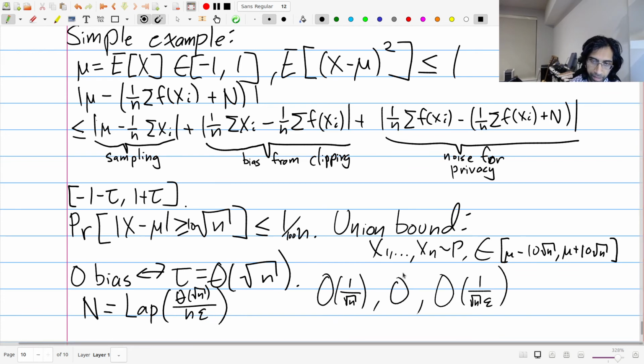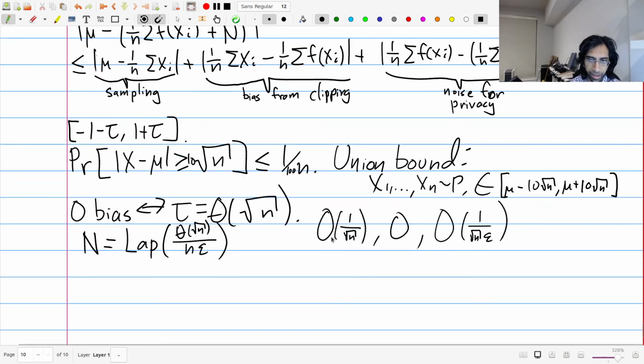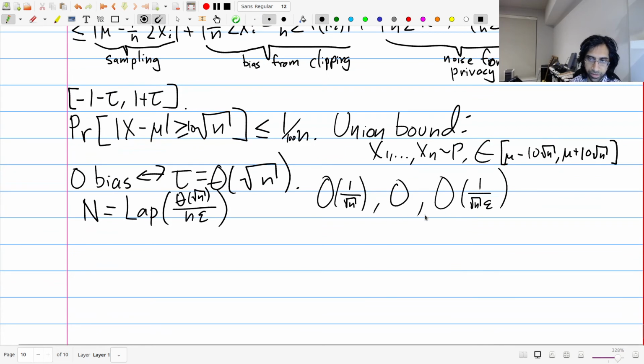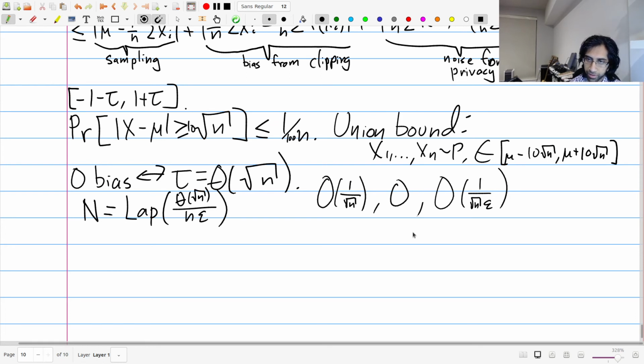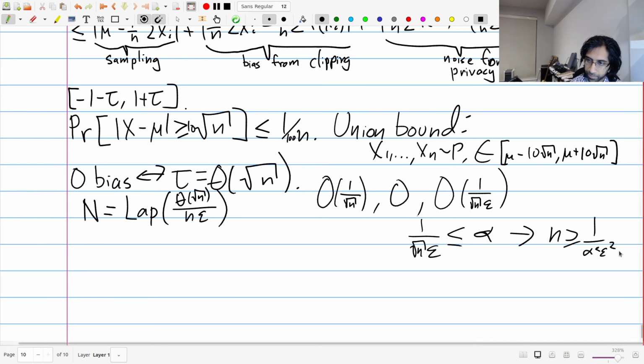The total error is upper bounded by the sum of these three errors. If we want the overall error bounded by alpha, then we need this final term to be at most alpha. So 1 over square root n times epsilon is less than or equal to alpha, which requires that n is greater than or equal to 1 over alpha squared epsilon squared.